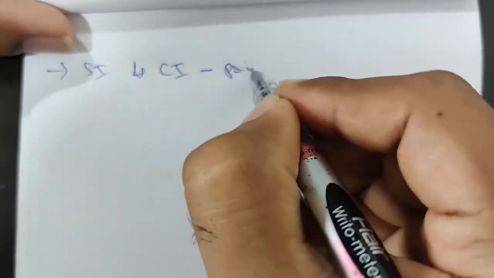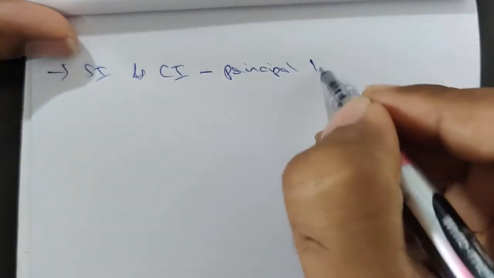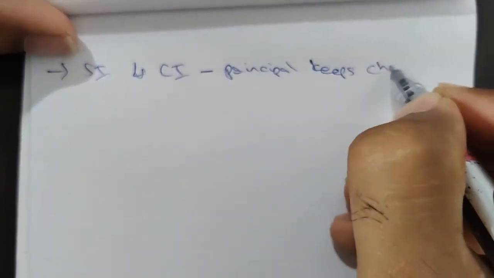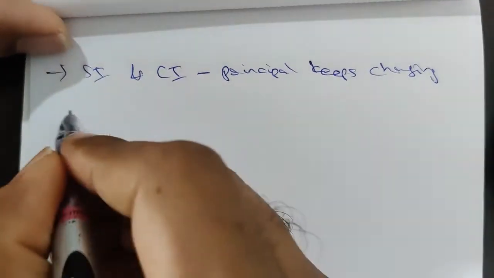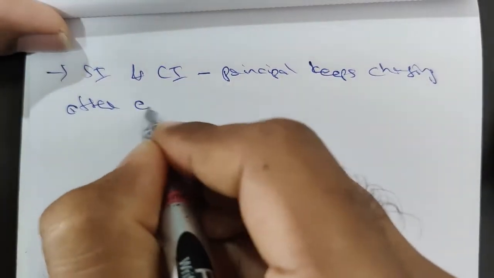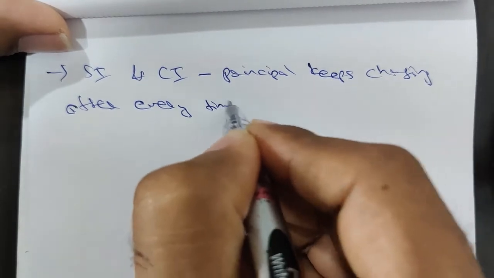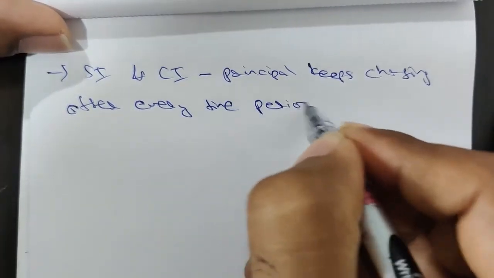The only difference between simple interest and compound interest is that your principal keeps changing after every time period.